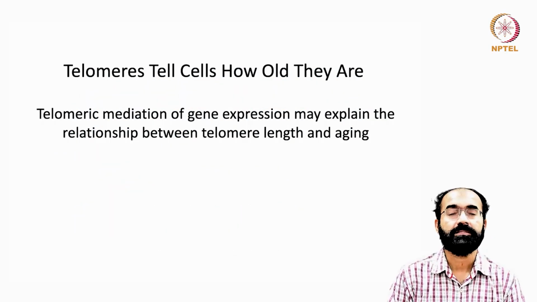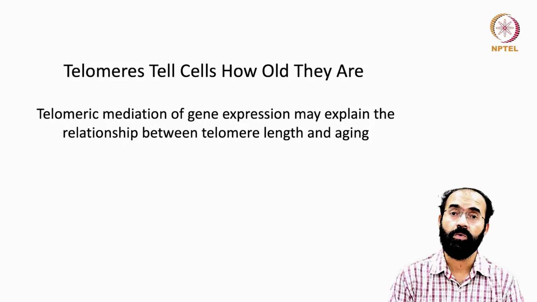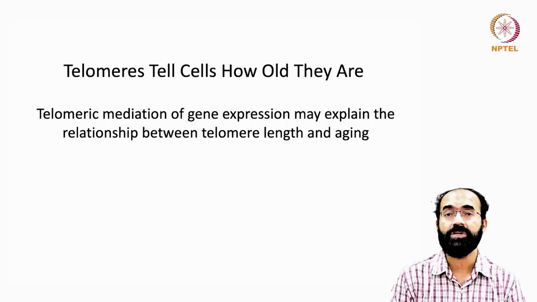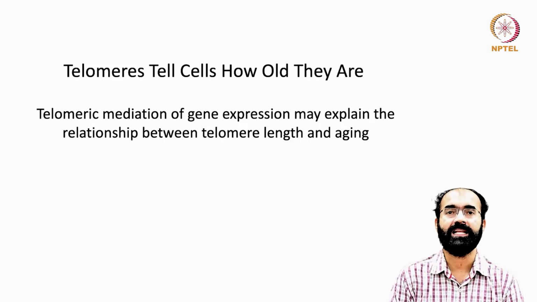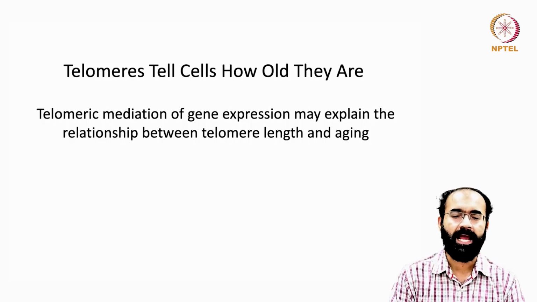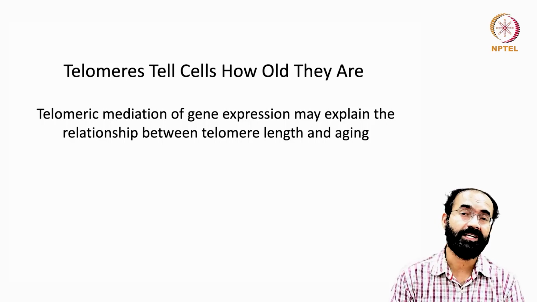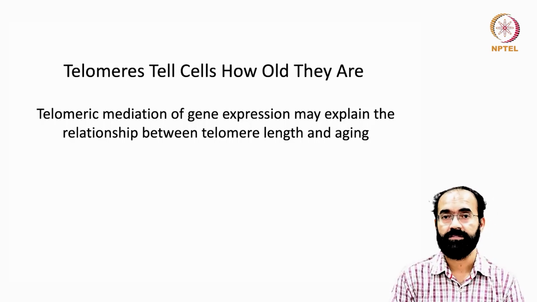So telomeres tell the cells how old they are, or how to respond to a shortened telomere. Telomere is basically a supervisor. You can call telomere a supervisor. And you should also understand that telomeres have specific proteins, telomere binding proteins.